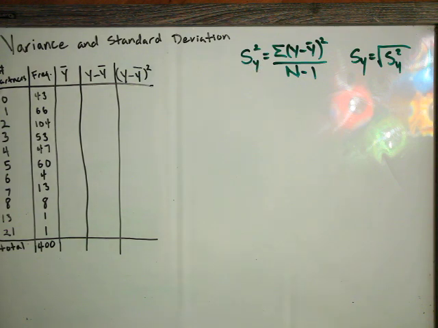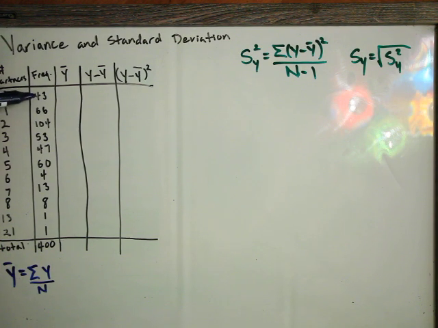The first thing we need to do when calculating variance is to find the mean. To find the mean, we add up all the numbers and divide by the total, because y bar, the mean, equals the sum of all raw scores divided by the total.